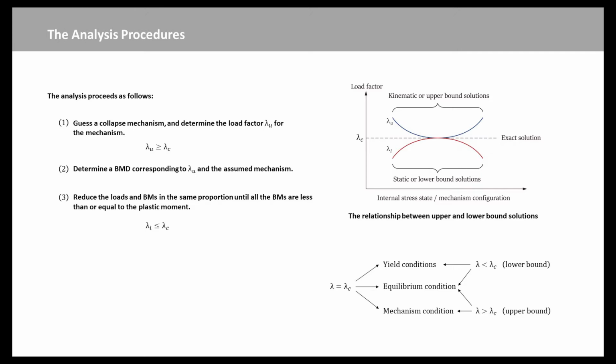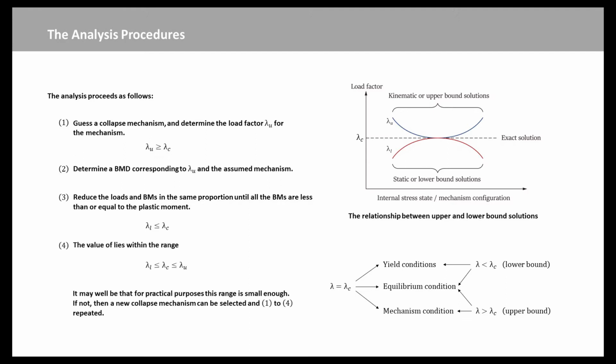This means that at this stage, the bending moment diagram satisfies the equilibrium and yield conditions, but not the mechanism condition. In these circumstances, the lower bound theorem states that lambda l is less than or equal to lambda c. The fourth step is that the value of lambda c lies within the range shown here.